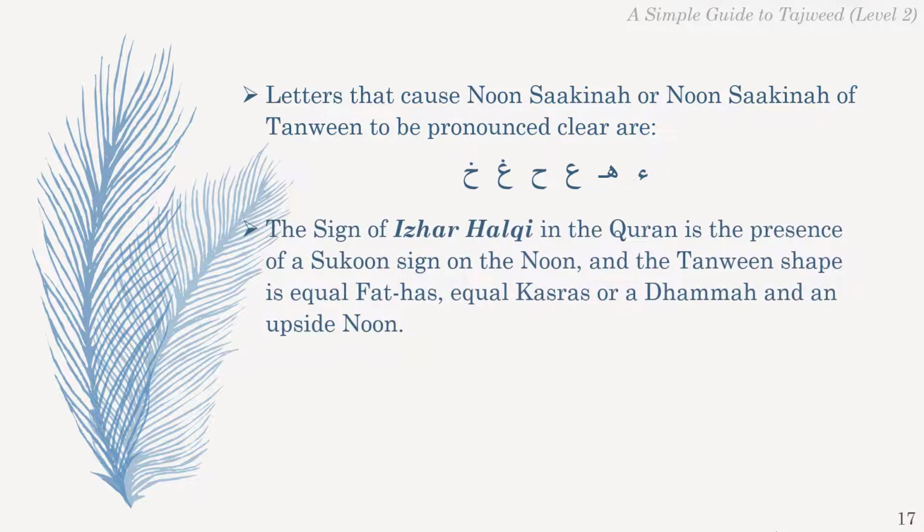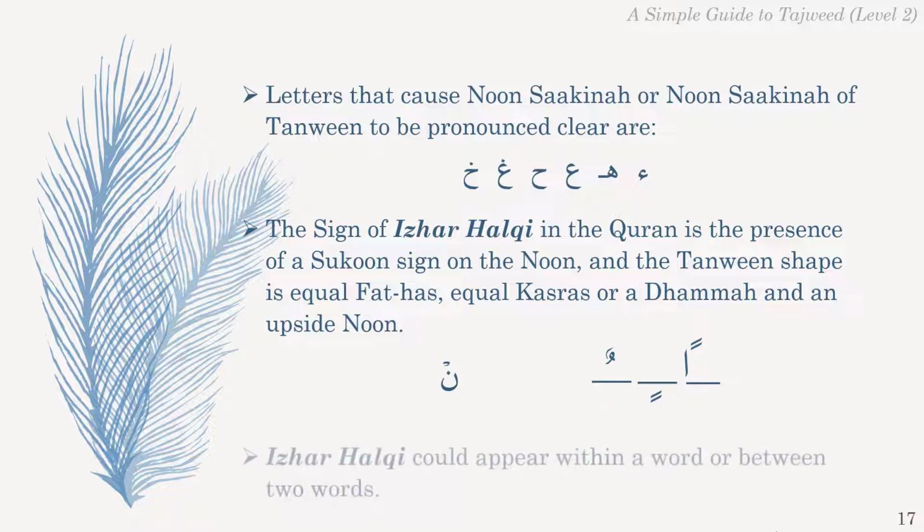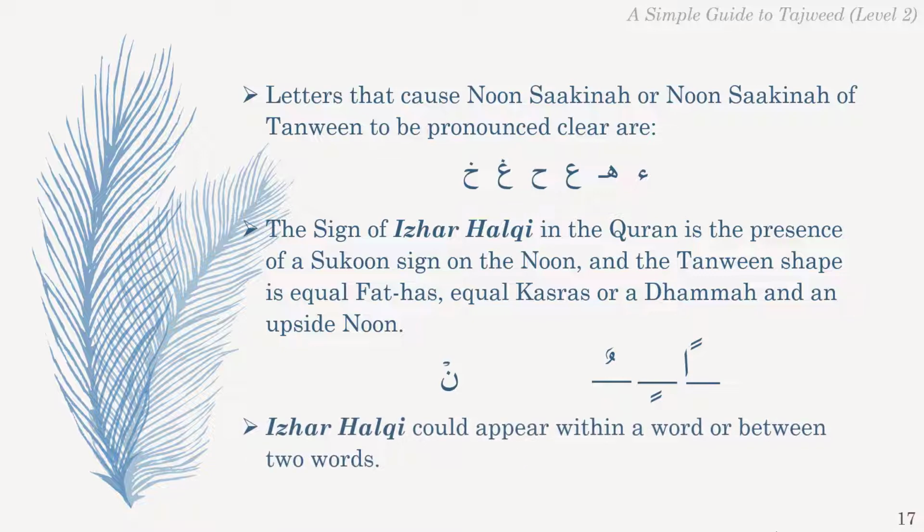The sign of Izhar Halqi in the Quran is the presence of a sukoon sign on the Noon, and the Tanween shape is equal fathas, equal kasras, or a dhamma and an upside down Noon. Izhar Halqi could appear within a word or between two words.